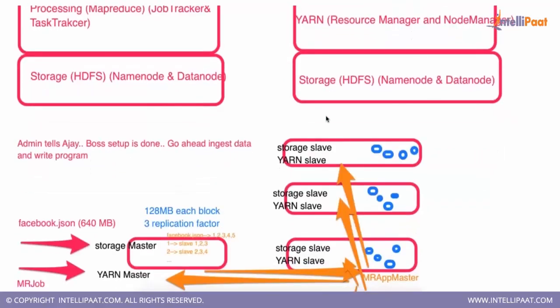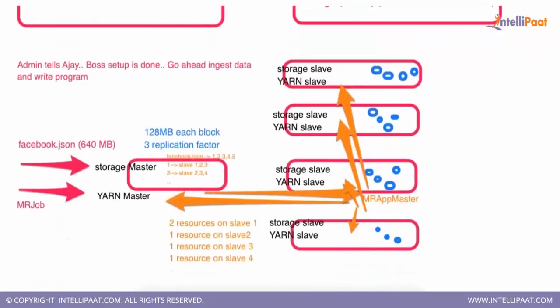So Yarn master and slave say, listen, we don't understand processing at all. When you submit a MapReduce job, Yarn will have references for MapReduce and Spark and anybody who needs resources. So Yarn master will look at the job and say, oh, this is a MapReduce job. Let me call the manager for MapReduce, called MapReduce App Master. Yarn master will fire the app master on any one machine and say, Mr. App Master, this is a MapReduce job for you.